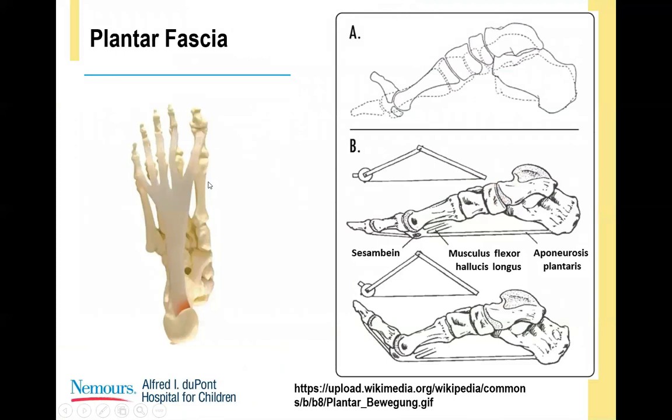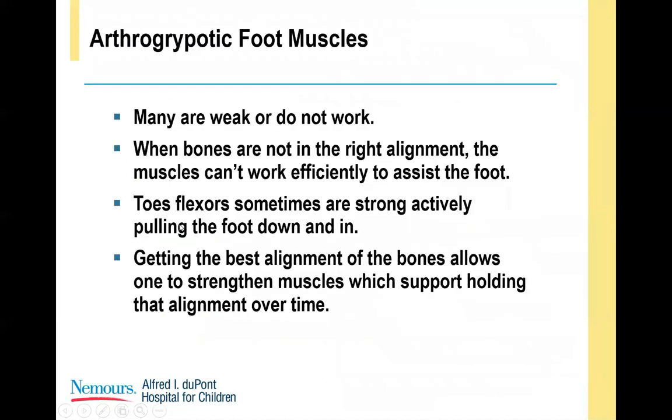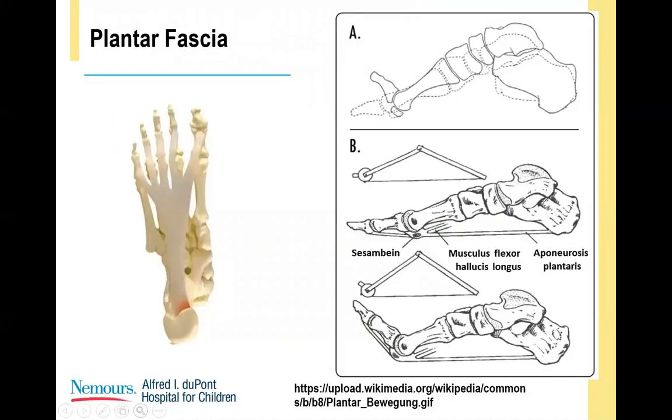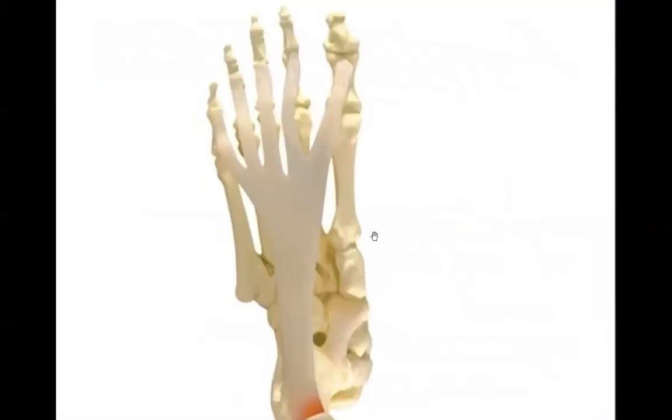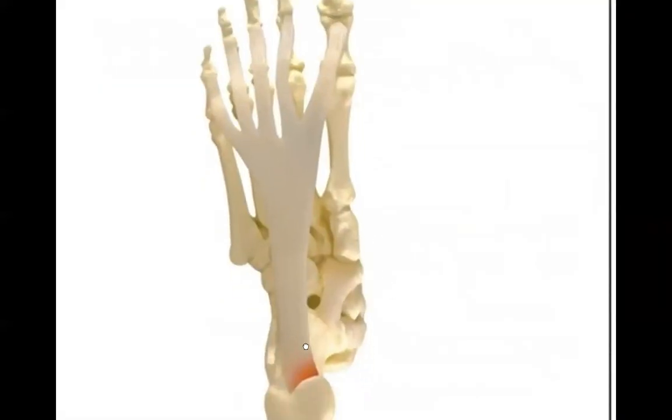The other part is not really a muscle, but it's soft tissue in the foot, and it's called the plantar fascia. And the plantar fascia is this big, heavy, fibrous ligament that goes from the toes to the heel, and it tends to be shortened often if you have a foot deformity, and it creates a bigger arch than you need.